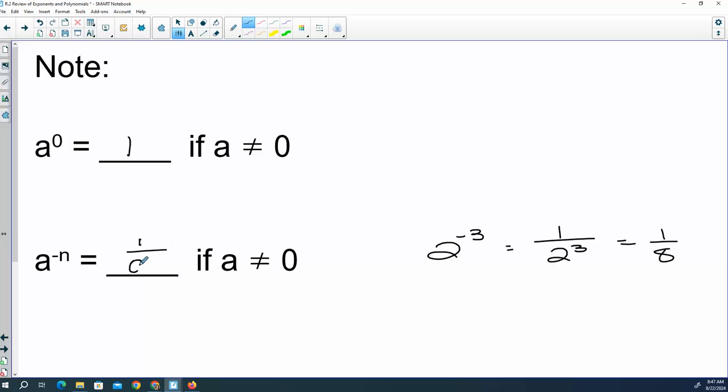And then once you move it, that exponent becomes positive. Which also goes backwards too. So if you have a negative exponent on the denominator, it would move up to the top and be a positive exponent. But it needs to be positive, correct? Yes. Proper notation is all positive exponents.